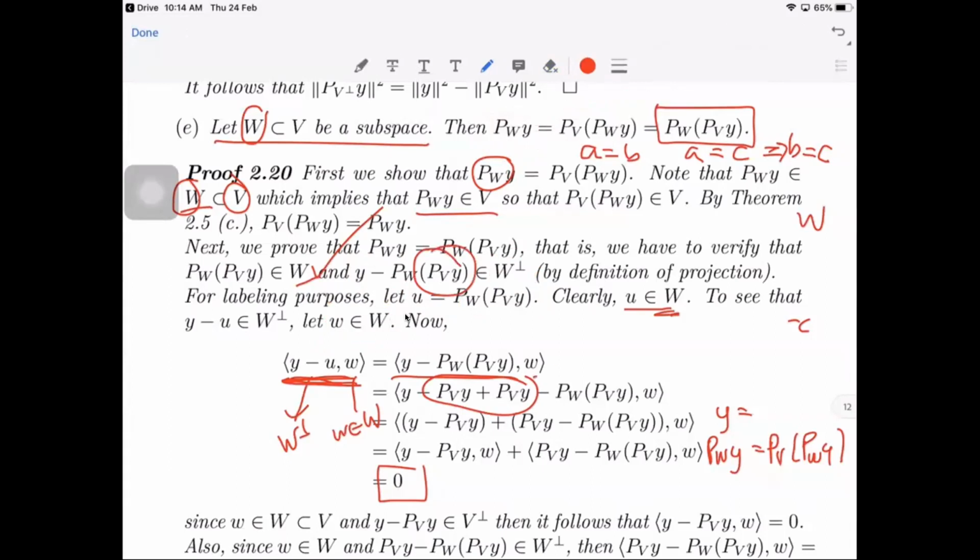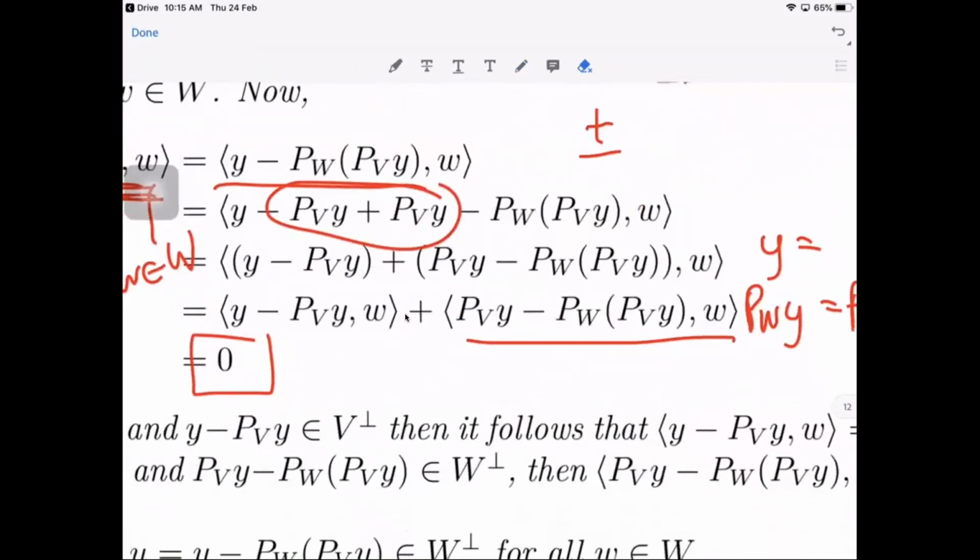So add and subtract, plus minus. And then groupings. One is this, the other one is this. And then distribute that. Okay, so why is this 0 now? Let me enlarge.